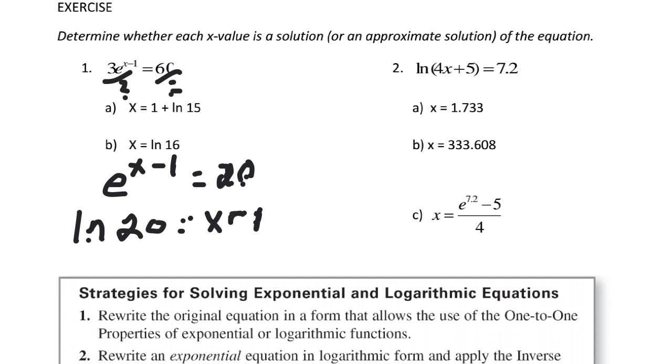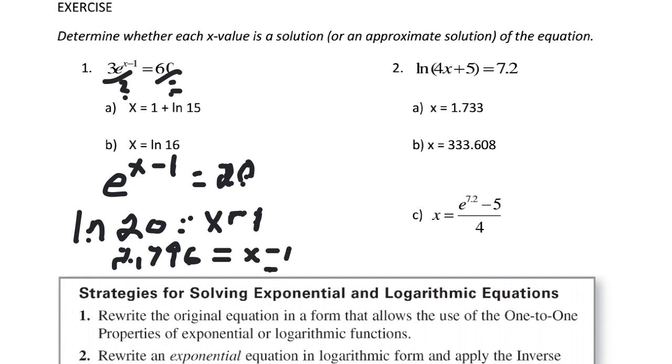That's a minus. And you can use your handy dandy calculator and find out that ln 20 is 2.996 after you round it to 3 decimal places, remember, equals x minus 1.